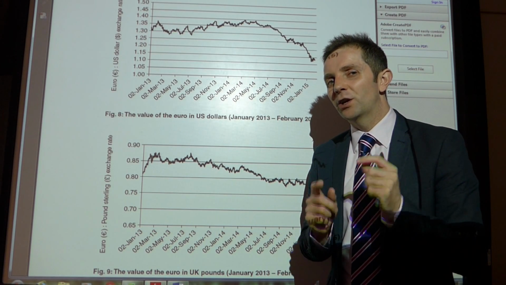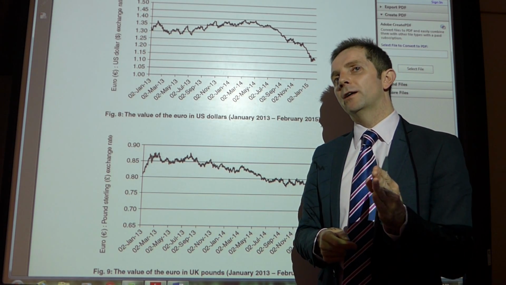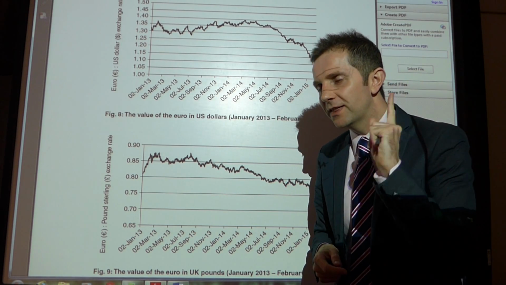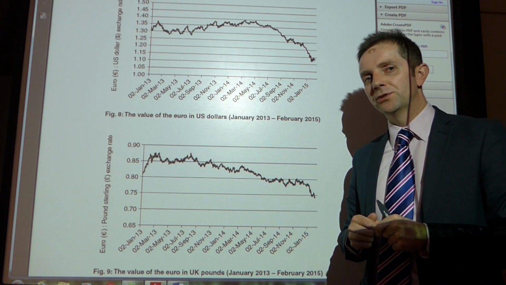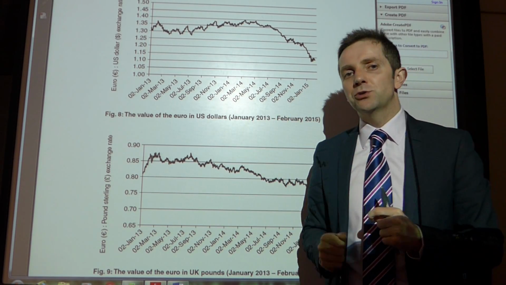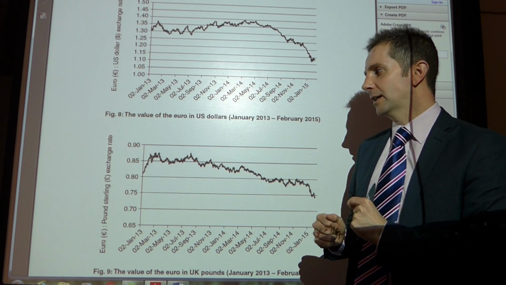And again, careful with your definitions of these things. Trade surplus is where the value of exports, and it's the value, not the quantity, is greater than the value of imports. Flip side, trade deficit, the value of imports greater than the value of exports.